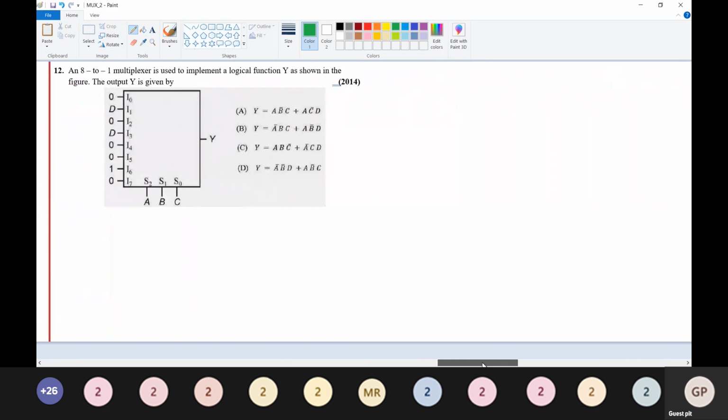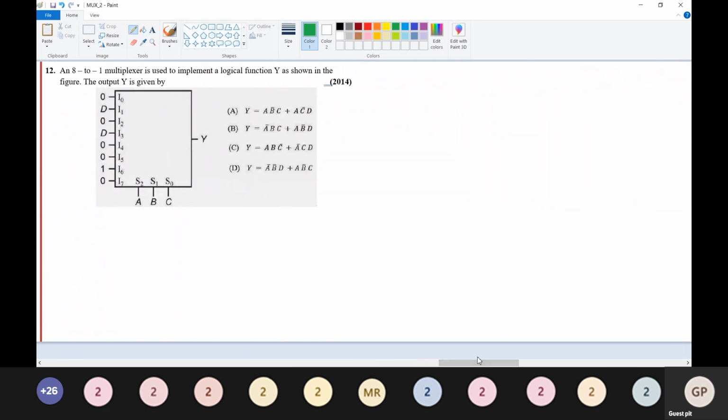We'll move to the next question. Here in this problem, we have an 8:1 multiplexer. It's very simple here.